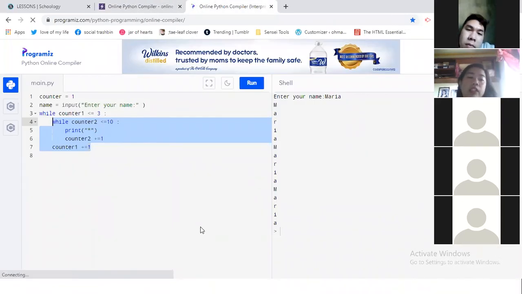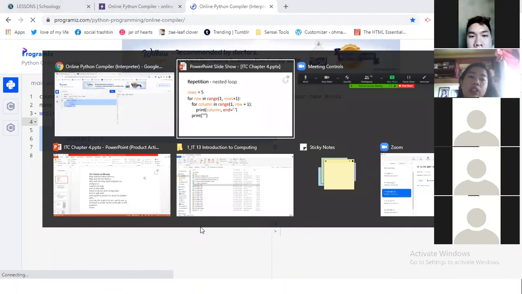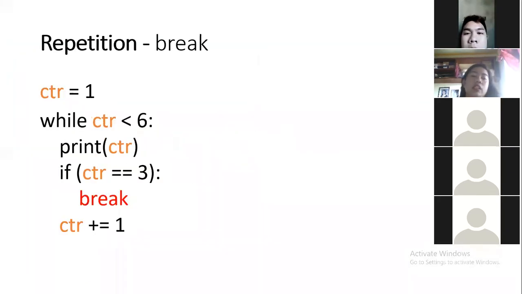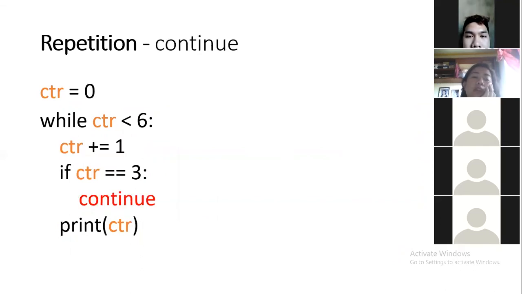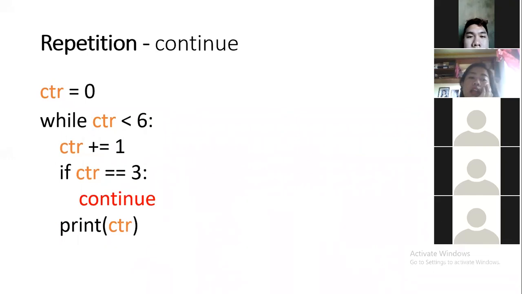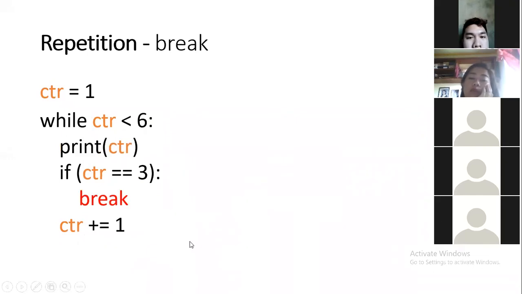What else? Next. Okay, so break. Discuss na natin ulit to. Break, we have continue, and we have pass. So sa break, ang gagawin ng break, puputulin niya yung loop niya. This program is supposed to print numbers 1, 2, 3, 4, 5.